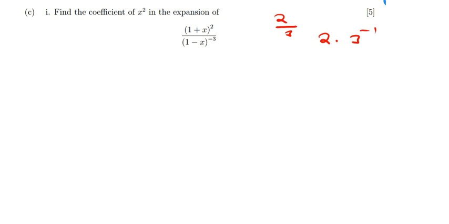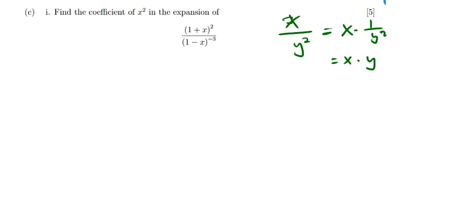Now sometimes, let's say we have x divided by y to the power 2. So this can also be written as x times 1 over y squared. But if there is 1 on top, it can also be written as x, then we move 1, this is going to be negative 2, sorry.